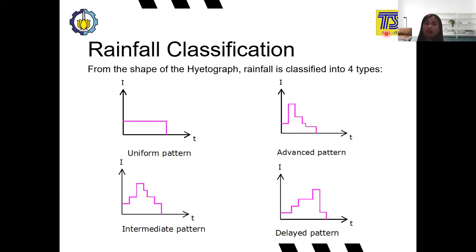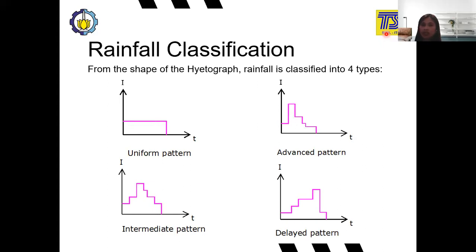Besides the rainfall average, we also can classify rainfall from our previous meetings. We already know about hyetograph. Hyetograph is the graph between the time duration of the rain and the intensity of the rain.